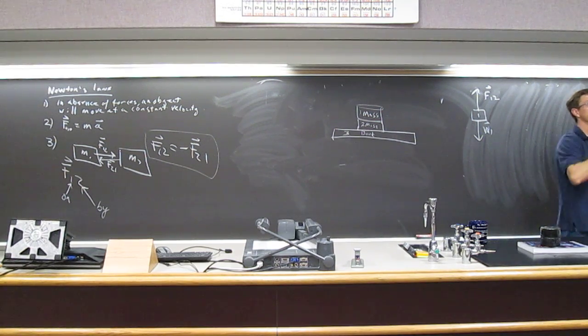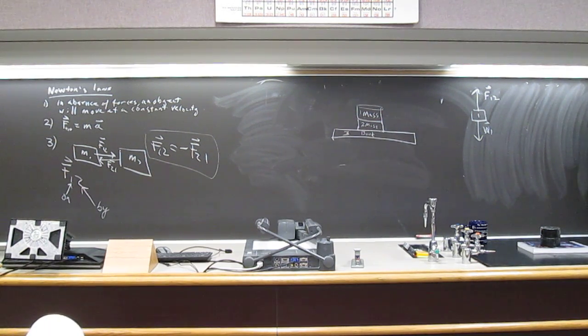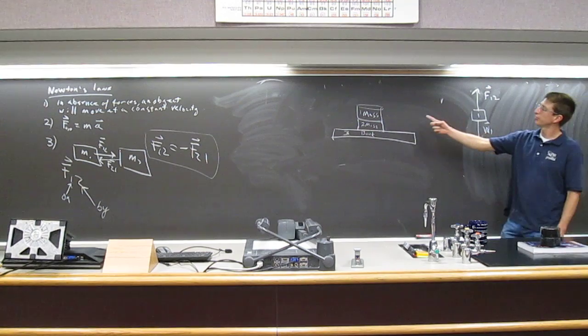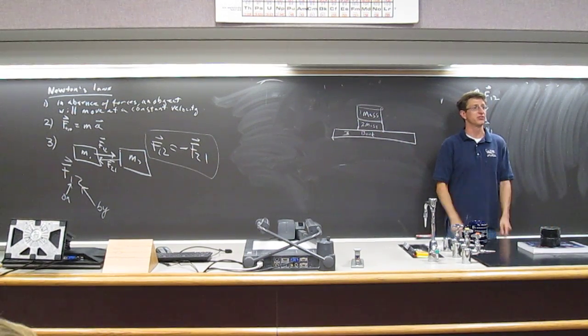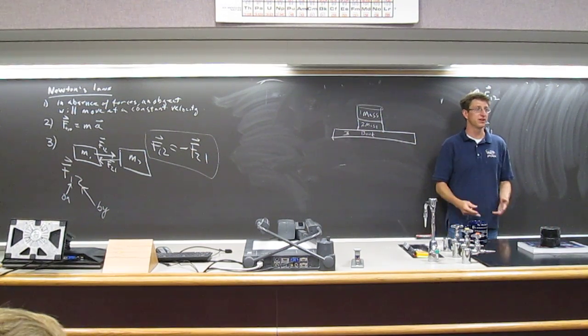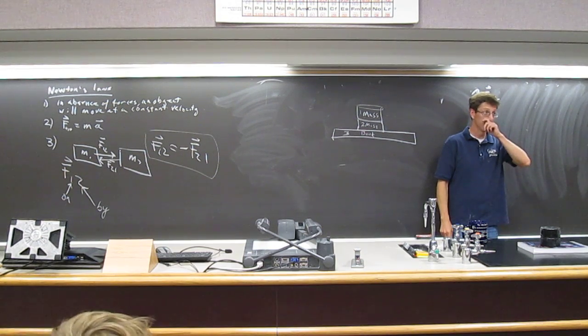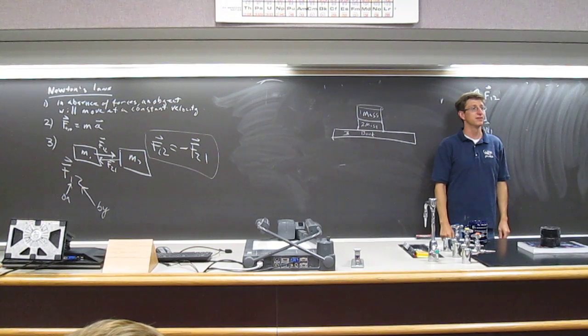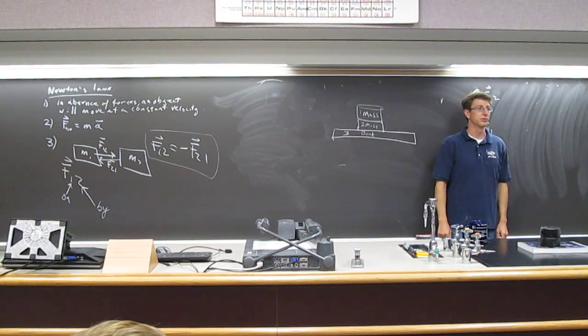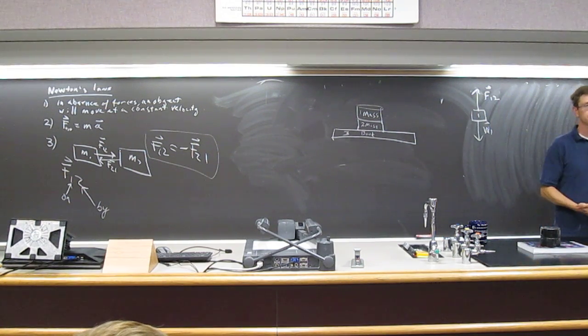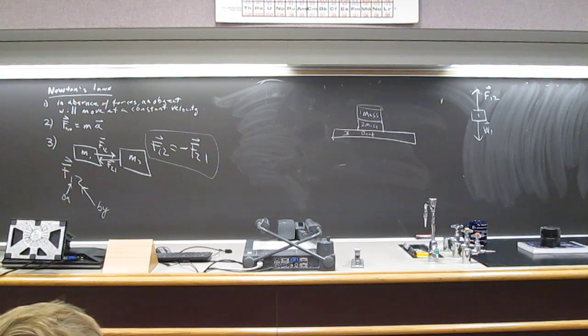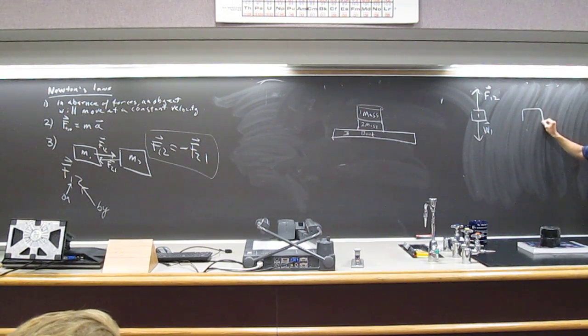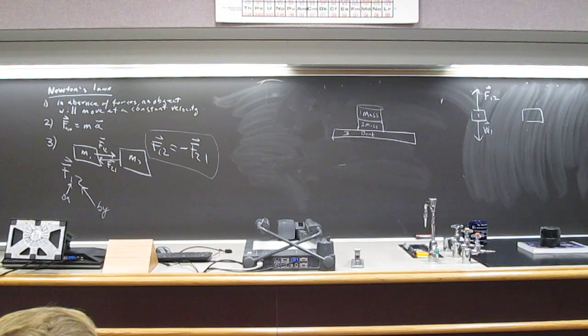If it's not touching, it doesn't count for a normal force. For normal forces and tensions, they have to be touching. The only force that doesn't have to be touching is gravity. There actually is a gravitational force between these, but it's tiny, so we wouldn't worry about it.